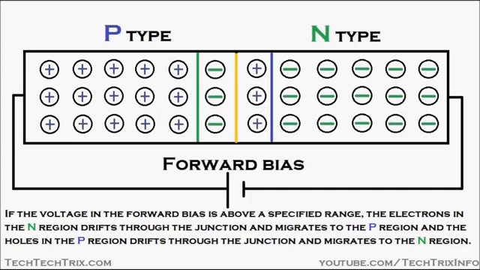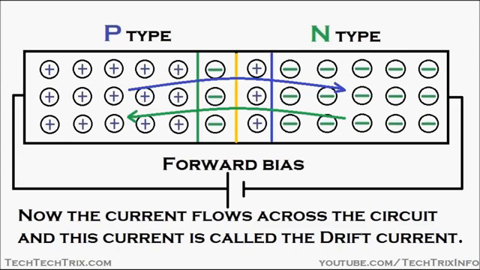You can see the electrons are drifting through the junction towards the P region, and the holes are drifting through the junction towards the N region. Now the current starts to flow across the circuit, and this current is called the drift current.